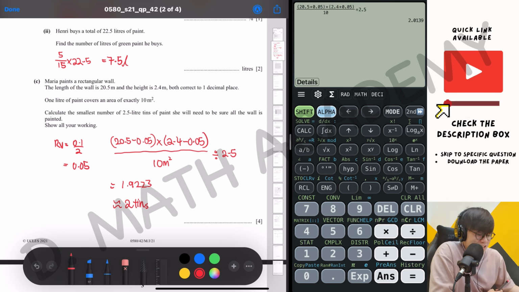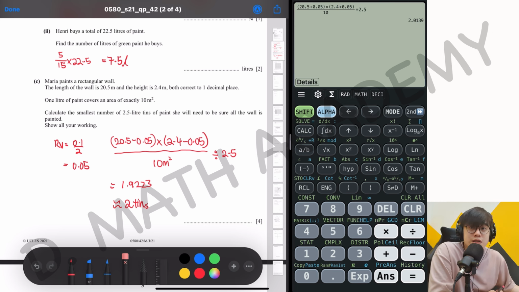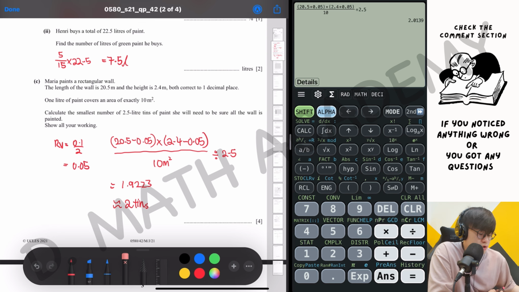So in this case, I think that the correct answer should be 2, but if you have your own point of view, feel free to share in the comment section and we can discuss further from there. So for me, I will be minusing instead of adding, because the overall logic doesn't make sense if you were to follow the marking scheme here.